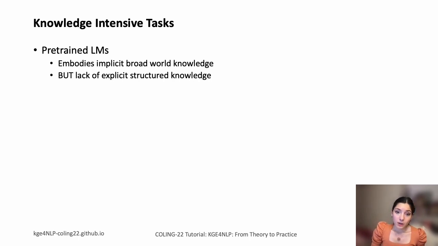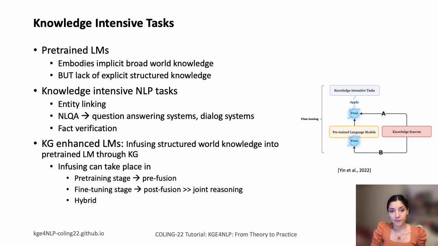Pre-trained on unstructured text corpora, they learn to implicitly encode broad world knowledge, and are then fine-tuned for downstream tasks. Yet, they lack explicit structured knowledge, hence they may not realize structured reasoning.